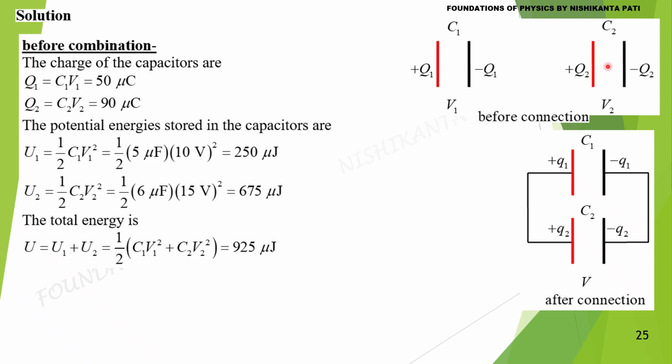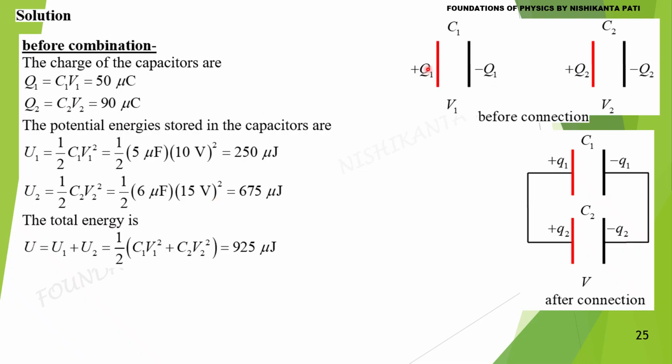After disconnected from battery and before they are connected to each other, C1 is 5 microfarad, C2 is 6 microfarad. It was charged to 10 volt, it was charged to 15 volt.